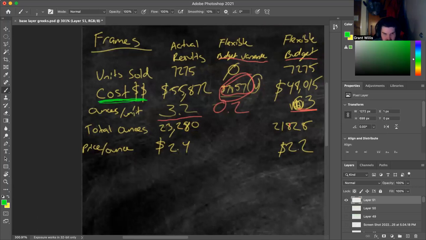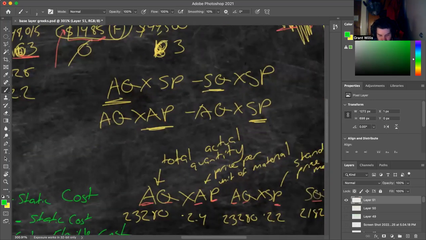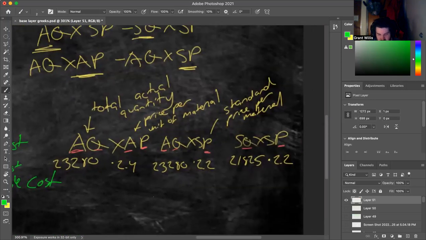So for the efficiency variance, you're just doing... Well, first you've got to multiply these numbers out. Let me pull out my card for a sec. Okay, I have the efficiency variance card.